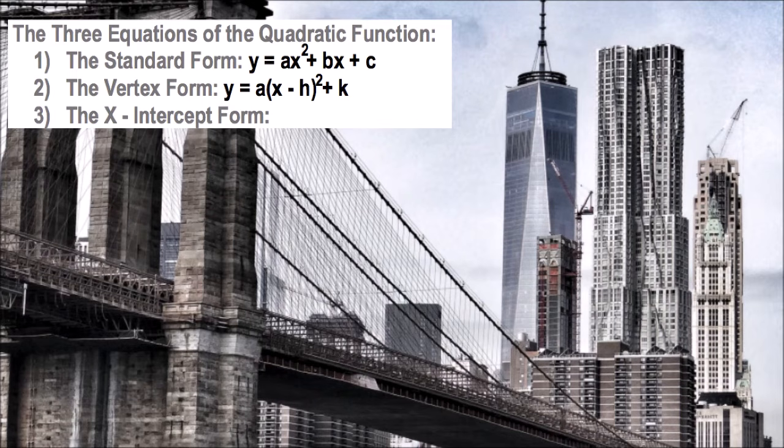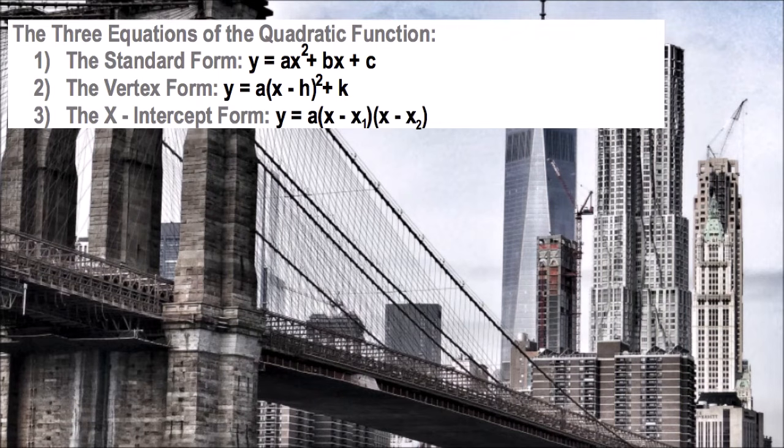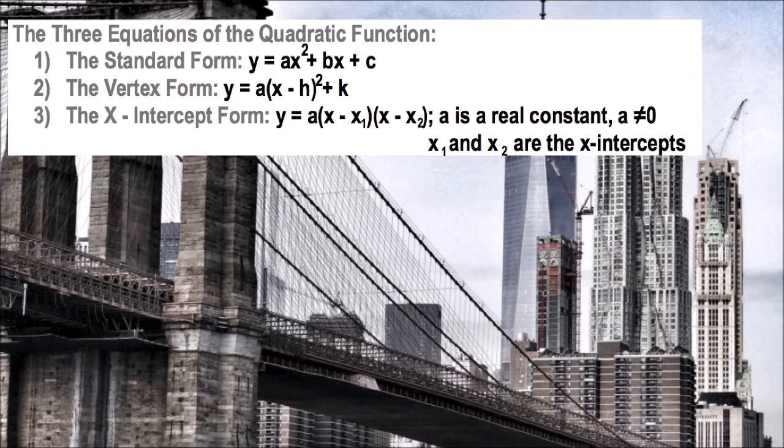And finally, we have the x-intercept form, which is y equals a times the quantity x minus x1 times the quantity x minus x2. In this case, a is a real constant, a cannot equal 0, and x1 and x2 are the x-intercepts.